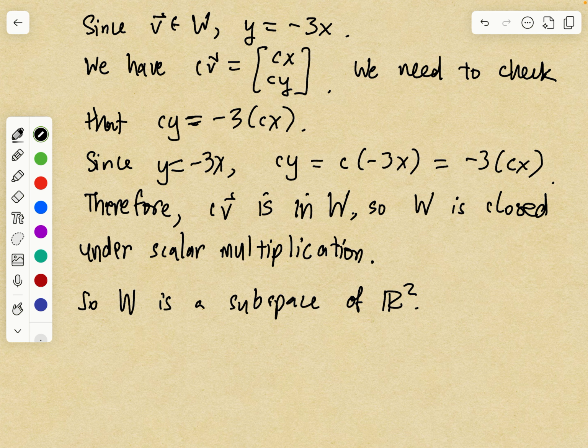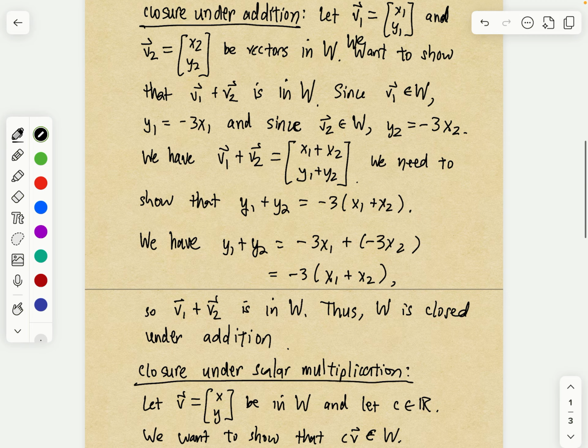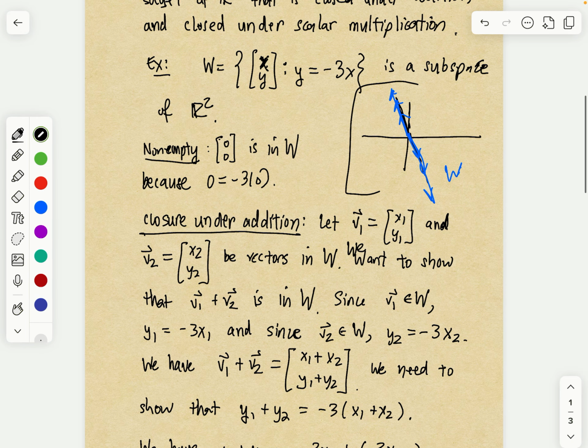So that whole explanation that we did, all of this is the proof that W is a subspace of R2.